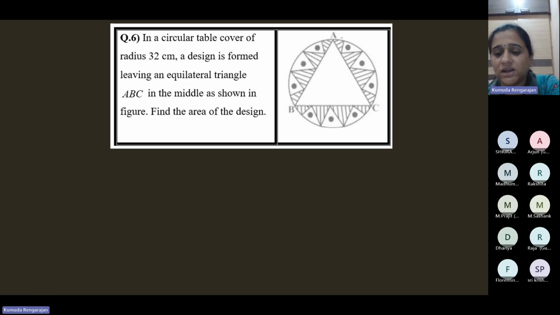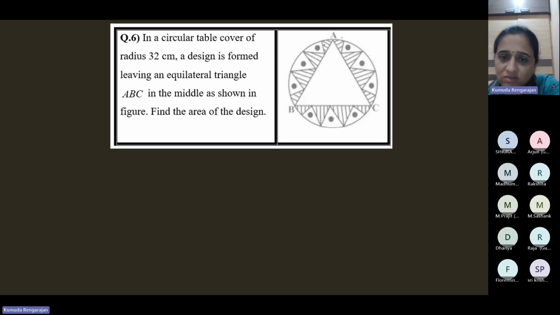Now, this is an equilateral triangle ABC. And the circle which you can see runs through the vertices A, B, and C. So clearly the circle acts as a circumcircle to the equilateral triangle ABC.